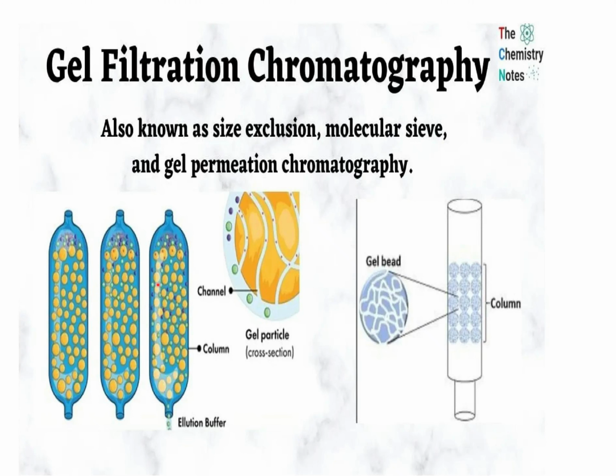So here is the stationary phase, this is the column, and this is the mobile phase, getting eluted. Samples are getting eluted based on their size. You can see the gel beads and also the inner structure of a gel bead. We can see the gel bead contains some pores. Small particles, as we can see, are traveling through the pores, because their size is smaller.